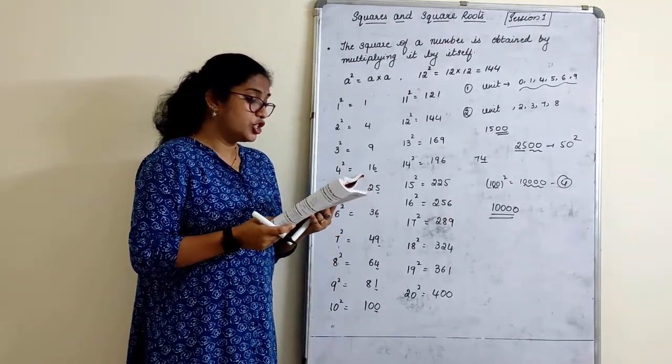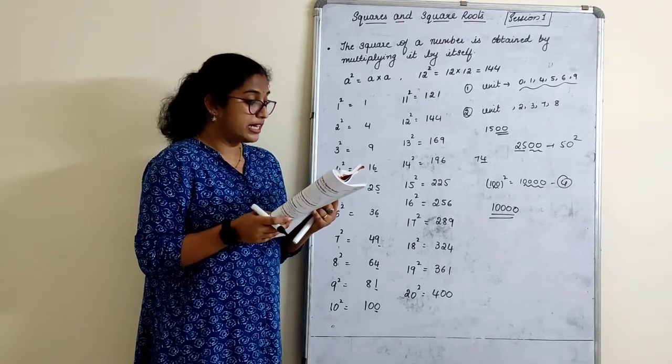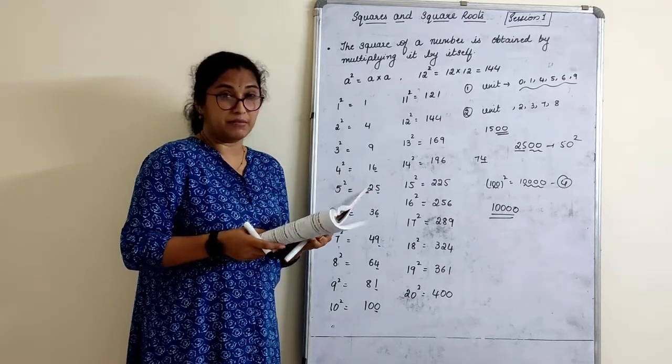The unit digit of the square of a natural number is determined by the unit digit of the given number.